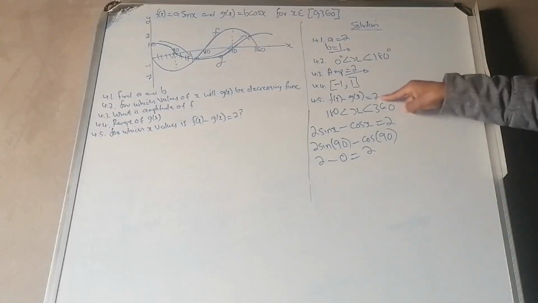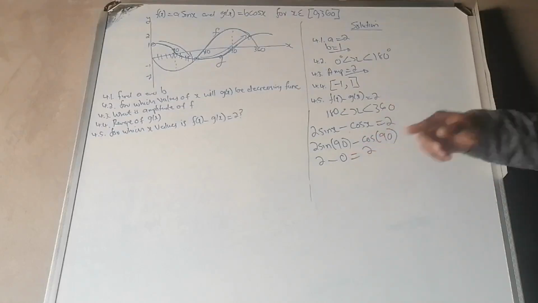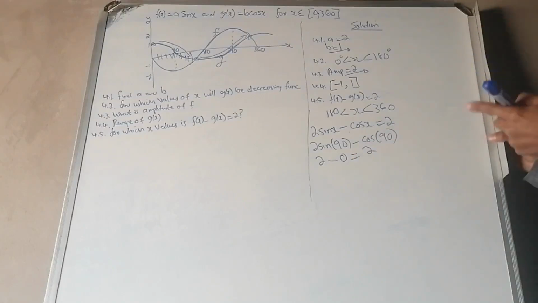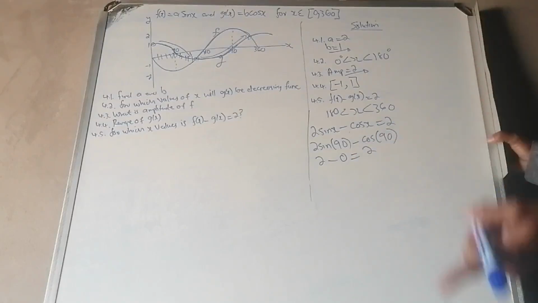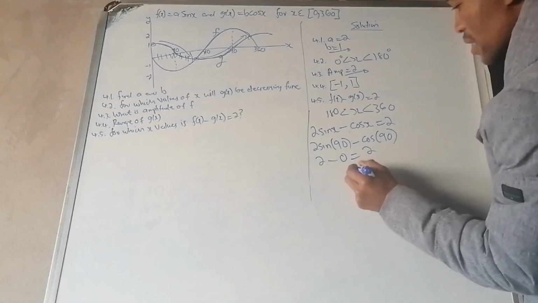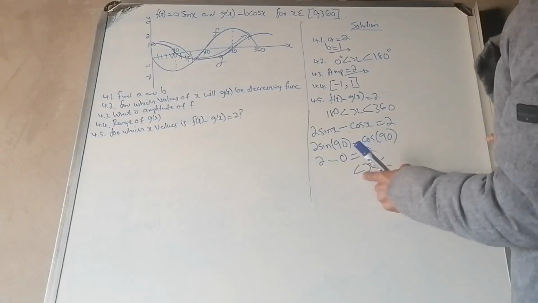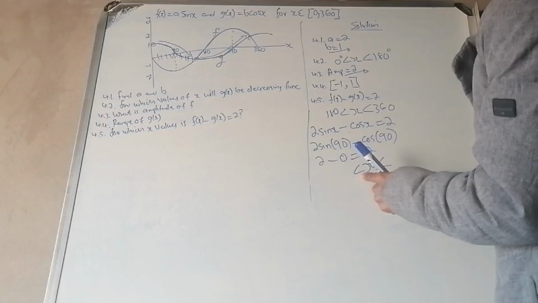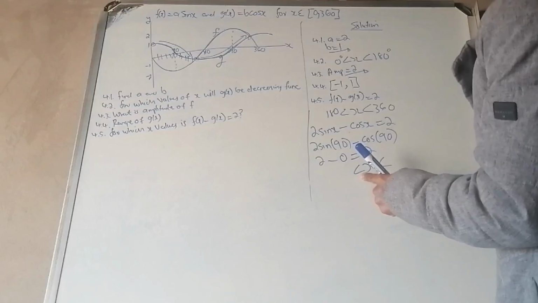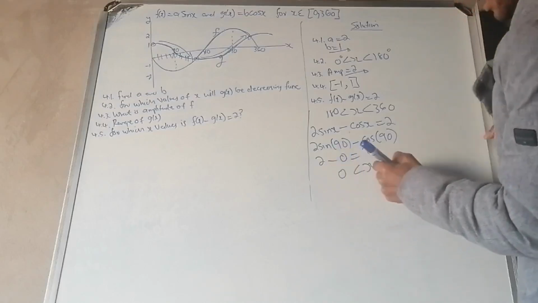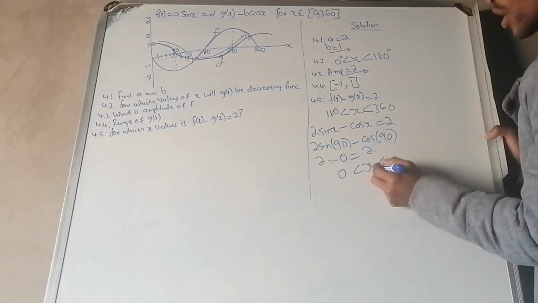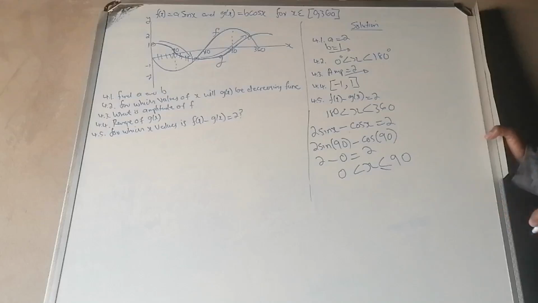So for which values of x will f of x minus g of x be greater than or equal to 2? x must be greater than 0 and less than or equal to 90.